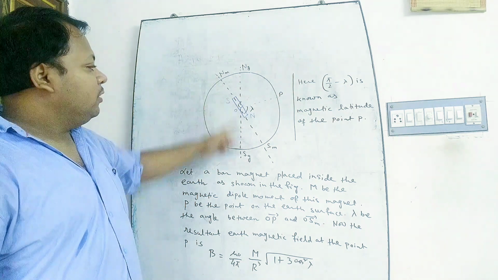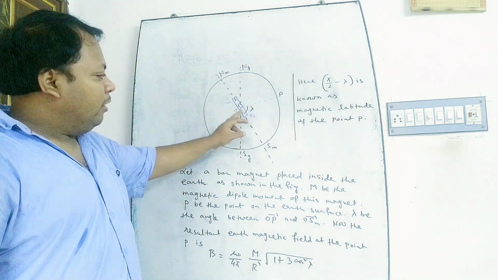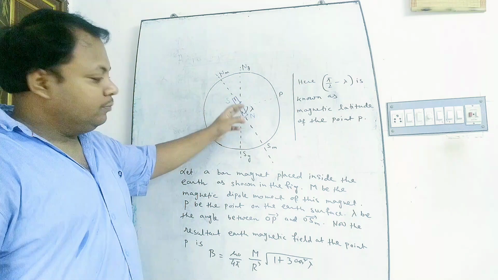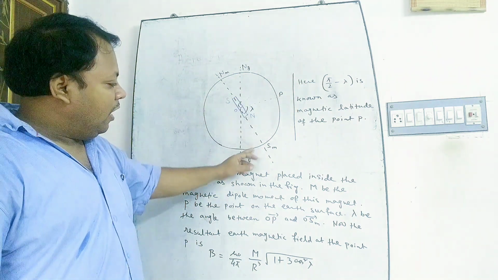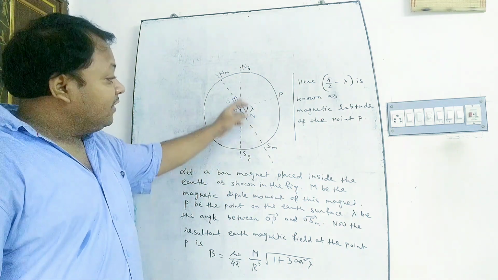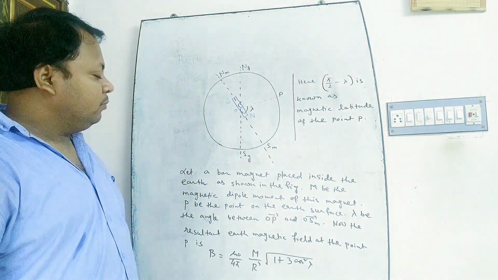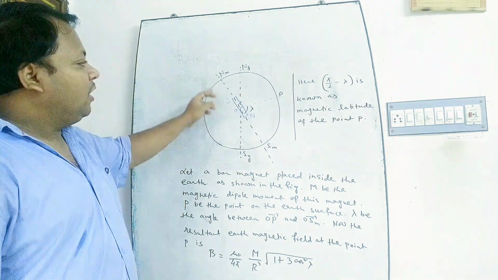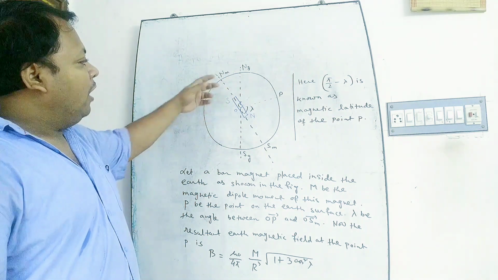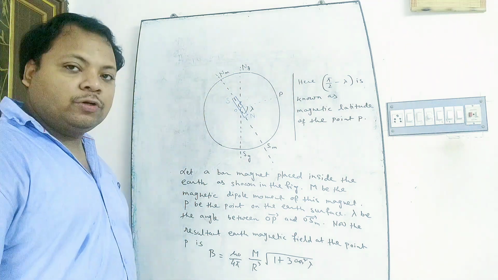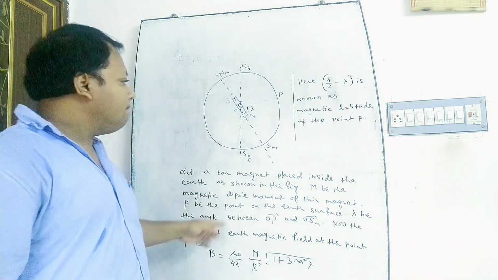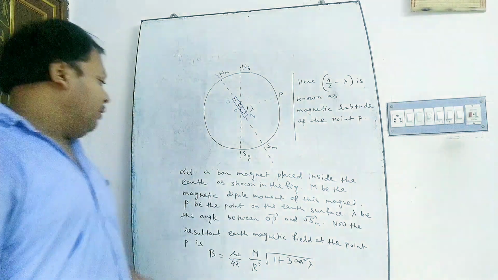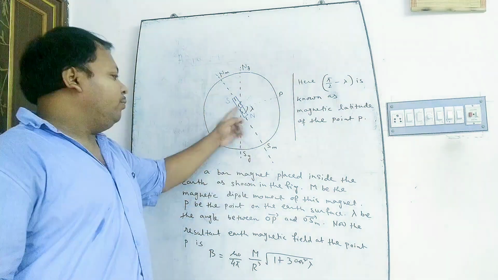That is, the North Pole of the bar magnet is placed along the magnetic South Pole of the earth, and the South Pole of the bar magnet is placed along the earth's magnetic North Pole. Capital M is the magnetic dipole moment of this bar magnet.